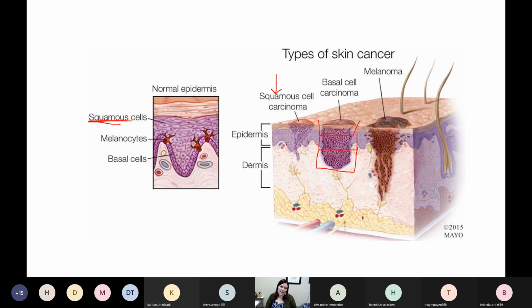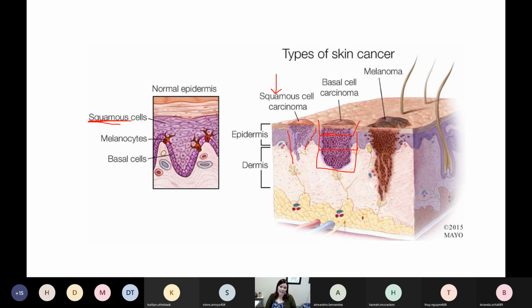When these cells become cancerous and start to divide, they don't divide uniformly. Notice how over here we've got this little tendril of cells, and we've got some cells over here. Squamous cell carcinoma doesn't grow in that uniform pattern, and it grows faster than basal cell carcinoma does. So squamous cell is a little bit more serious than basal cell carcinoma.